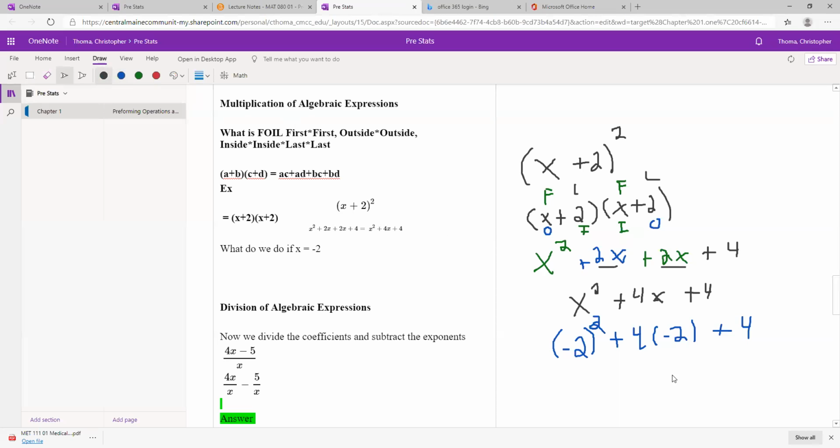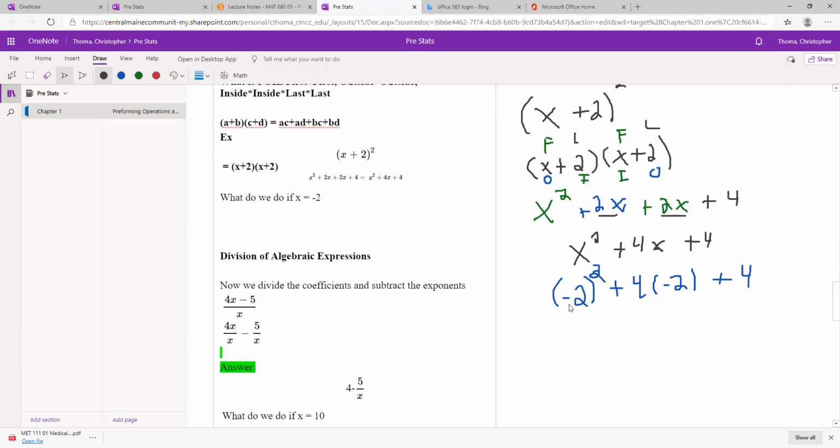So if you get your calculator out, you can actually just do this in your calculator. I will do it by hand just so we can see it. But I do encourage you to practice this problem on your calculator to make sure that you know how to put it into your calculator correctly. Because that negative has to be in parentheses. If you do not put that negative inside parentheses, your calculator is actually not going to square it right. So -2 squared is a positive 4, because -2 times -2 is positive 4.